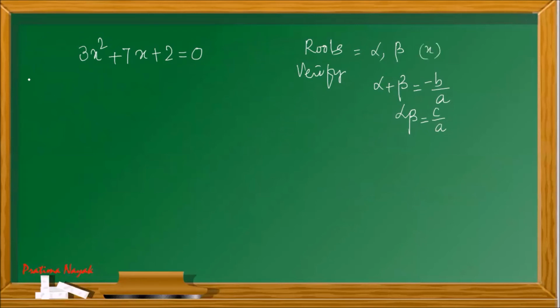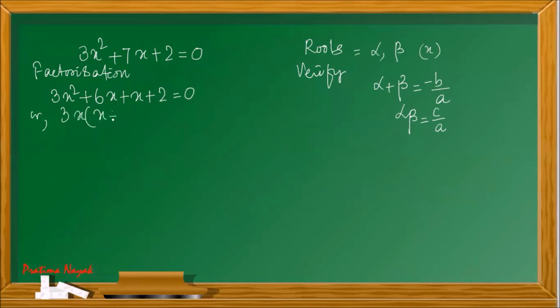So I'll solve by factorization. I'll split the middle term. So I'll split in this way: 3x square plus 6x plus x plus 2 is equal to 0. Taking 3x common, I'll get x plus 2, plus 1 taking common, I'll get x plus 2 is 0.